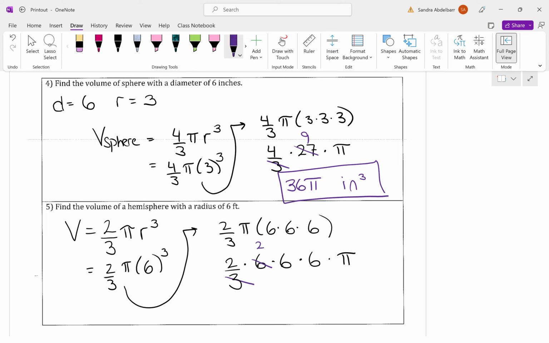So then I'll do 6 times 6 is 36 times 2 is 72 times another 2 is 144 pi units cubed. Do you see how I did that to make my life a little bit easier? Oh, not units, feet. Sorry, feet cubed.